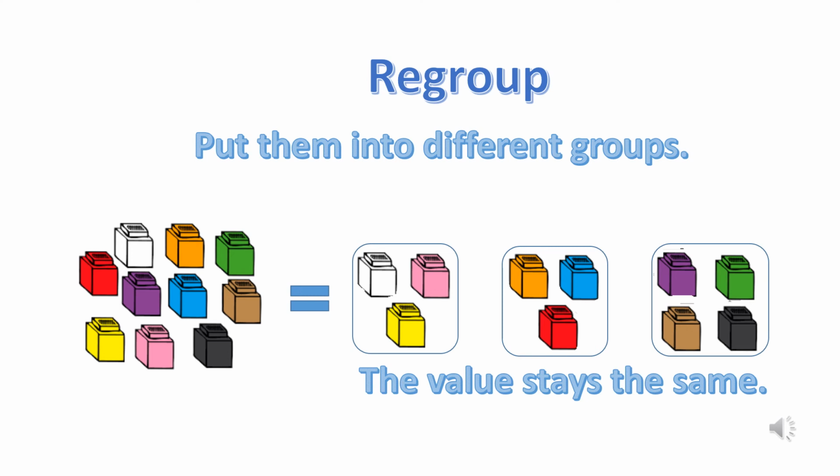And the purple, the green, the brown, and the black would go into the dark colored group. So you took one group and separated it into 3 groups, but the value stays the same. You still have the same number of cubes and the same color.